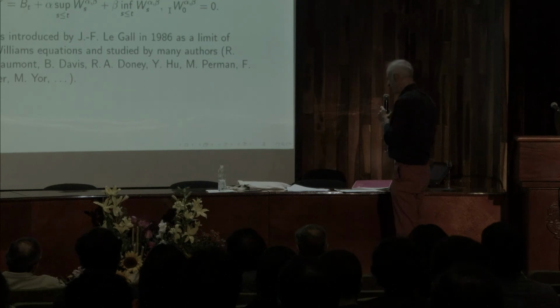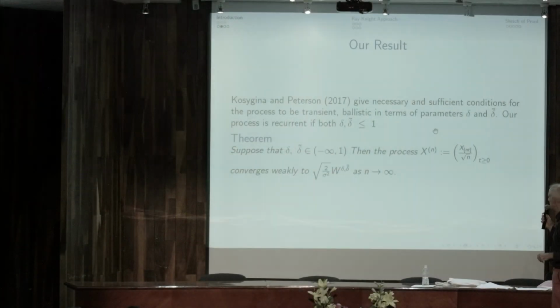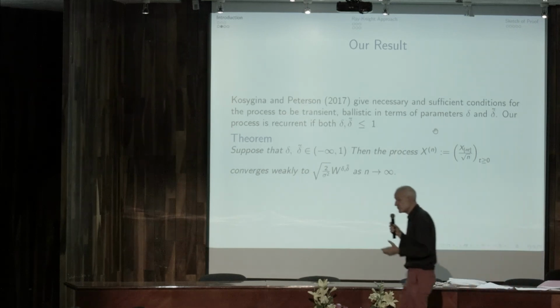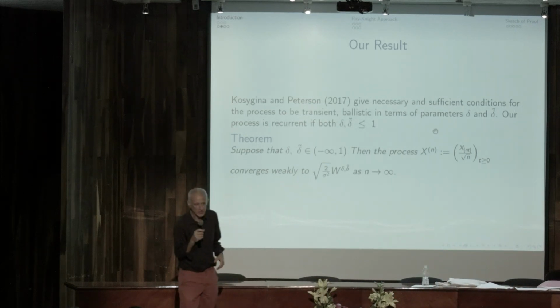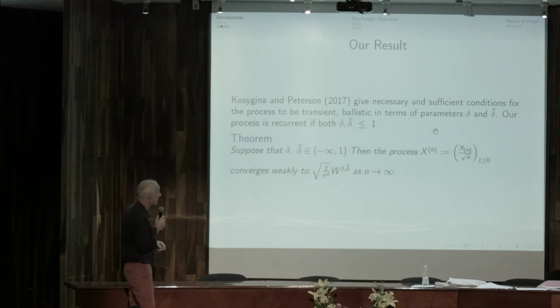So I think it's time to give our result, which is, there are two parameters. I haven't told you what they are. I will do. Delta and delta dash, tilde, which if they're both less than or equal to 1, we have recurrence. I'm going to take away the critical cases, so it's just going to be minus 1 to 1.